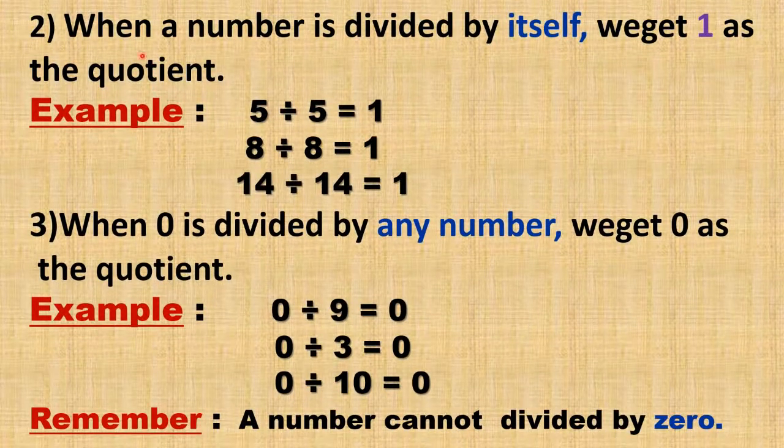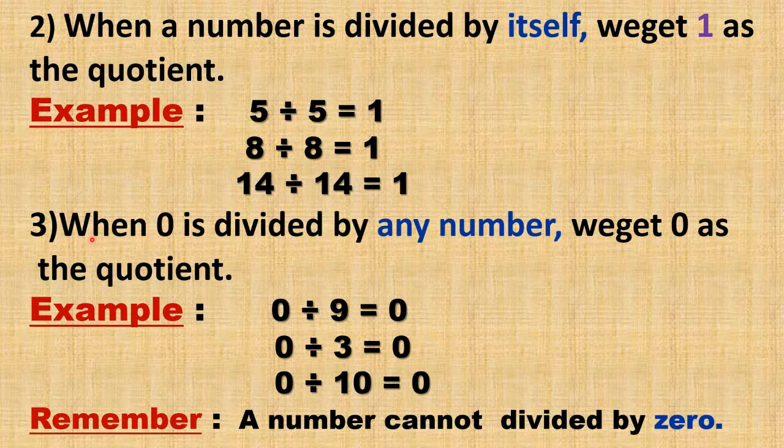Next, second property: when a number is divided by itself, we get 1 as the quotient. For example, 5 divided by 5 is equal to 1, 8 divided by 8 is equal to 1, 14 divided by 14 is equal to 1.